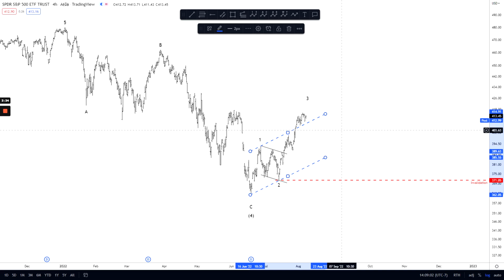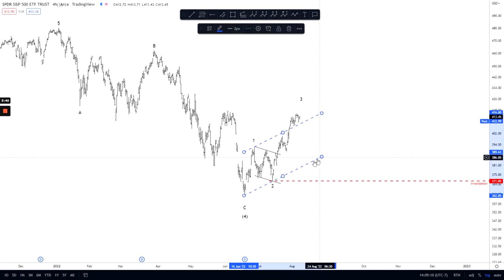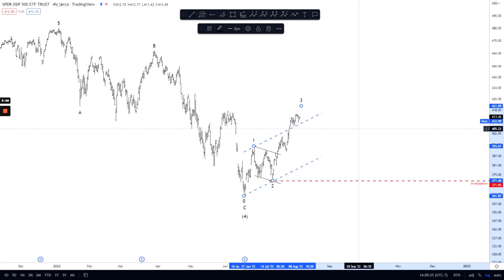So corrective price action almost always stays reasonably contained within parallel lines. And if we draw a parallel channel here, we see that back on the 28th of July, we broke above the top barrier of this parallel channel. That is an additional piece of evidence that we are starting a new impulsive cycle, not a corrective cycle.